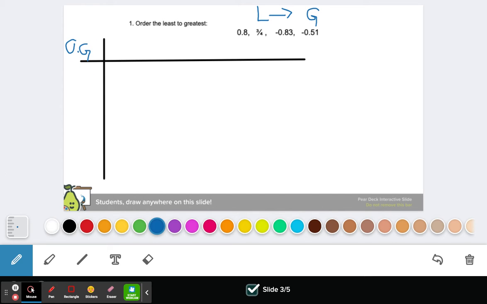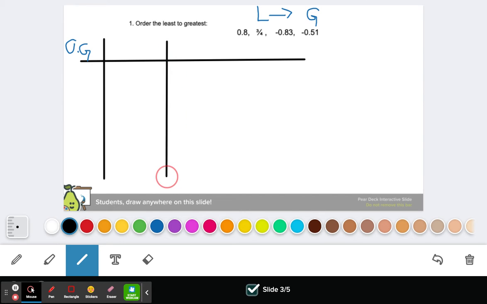And because I have a combination of decimals and fractions, I need to change all of them to decimals. And actually, I'm going to type this. Then my next part is going to be my order, and then my new order.